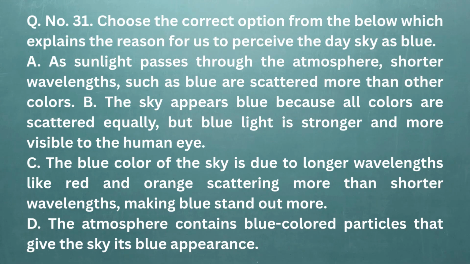B. The sky appears blue because all colors are scattered equally, but blue light is stronger and more visible to the human eye. C. The blue color of the sky is due to longer wavelengths like red and orange scattering more than shorter wavelengths, making blue stand out more. D. The atmosphere contains blue colored particles that give the sky its blue appearance.